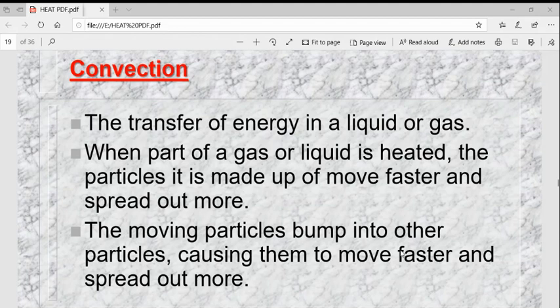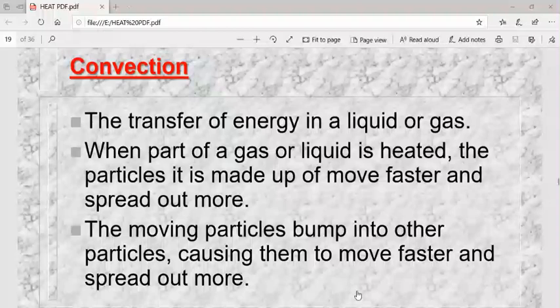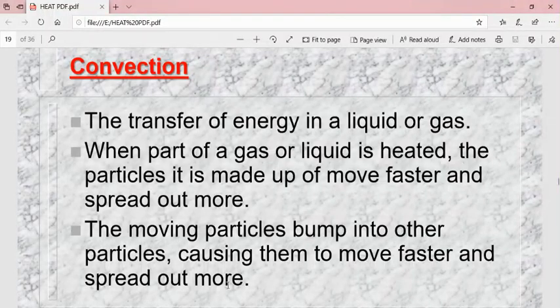When part of a gas or a liquid is heated, the particles it is made up of move faster and spread out more. The moving particles bump into other particles, causing them to move faster and spread out more.